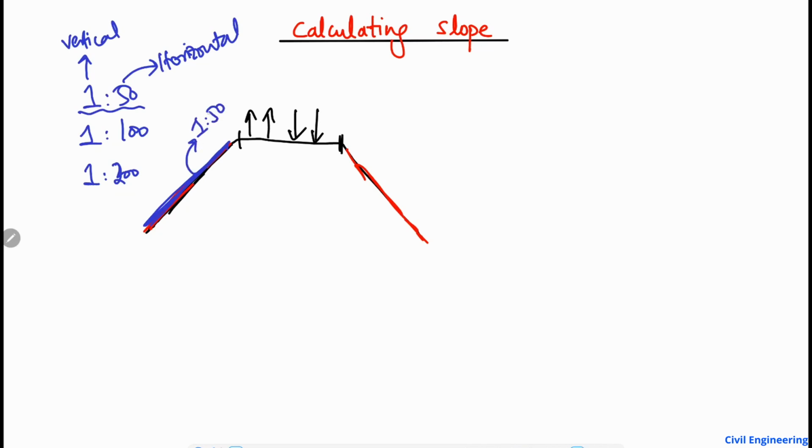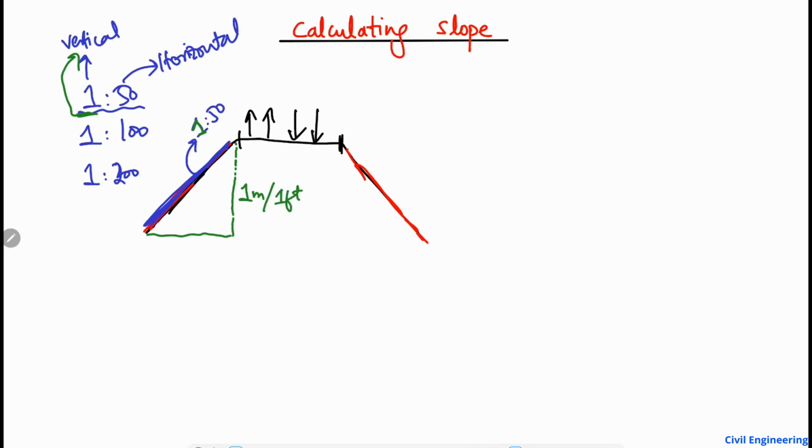It means, if I draw with a different color, the first left side shows the vertical. So I will draw the two dimensions here. This vertical portion is 1. It might be 1 meter, 1 foot, 1 inch, and so on.